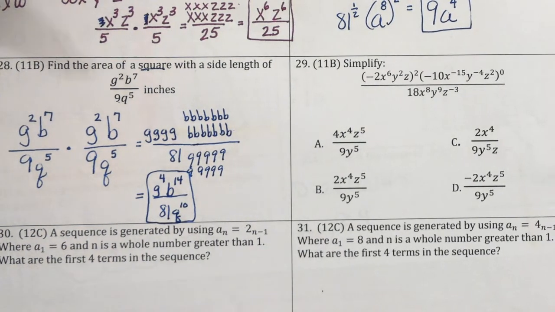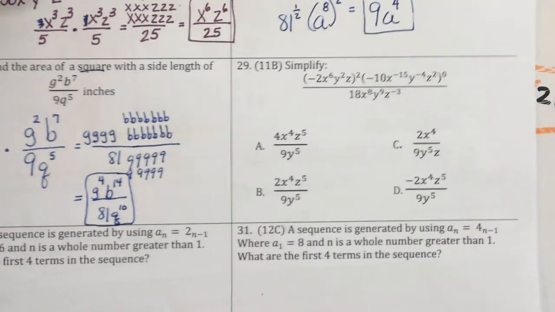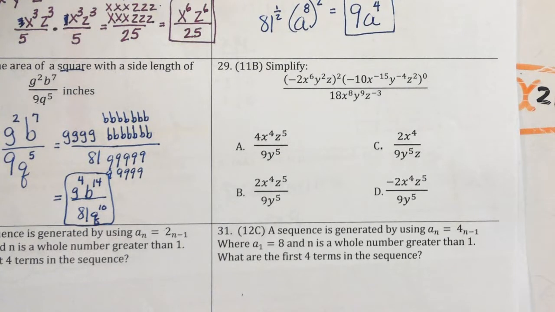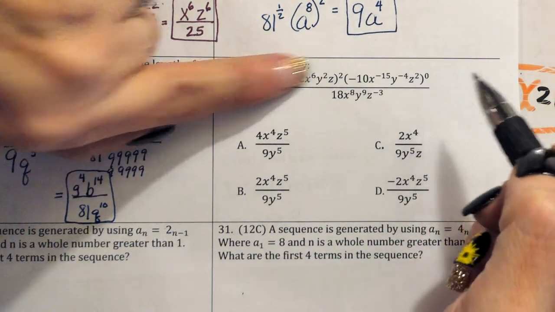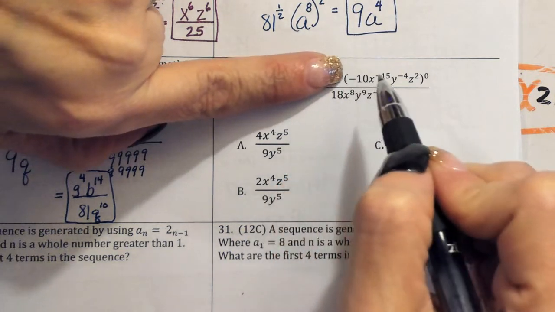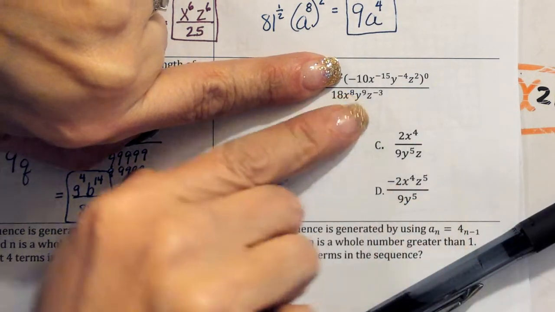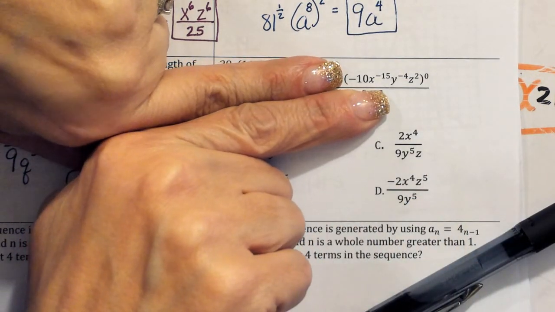All right. Oh my gosh, number 21. Look at that mess. Simplify all of that. Oh, okay, I'm going to give you a second to look at that. Okay, you ready? Anything to the 0 power is what? Anything to the 0 power. So, this right here is squared, so I'm not looking at this. This right here is not to anything. I'm just looking at that.